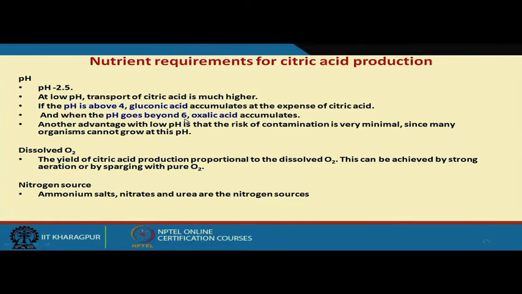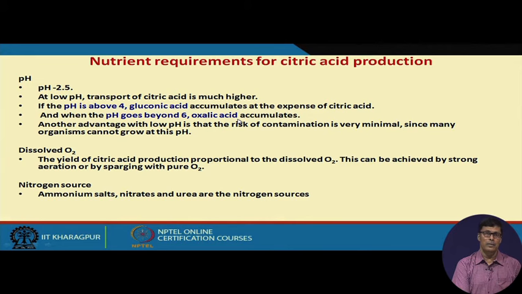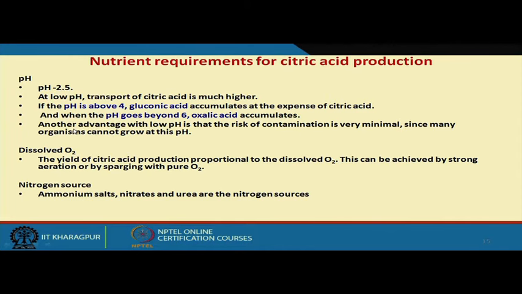If the pH goes beyond 6, then we get oxalic acid production in the system. But if we allow the pH to drop, then we find a sufficient amount of citric acid production in the system. Another advantage is that at low pH the risk of contamination is very minimal, since many organisms cannot grow at this pH.